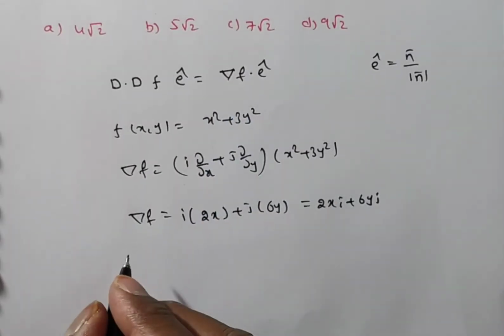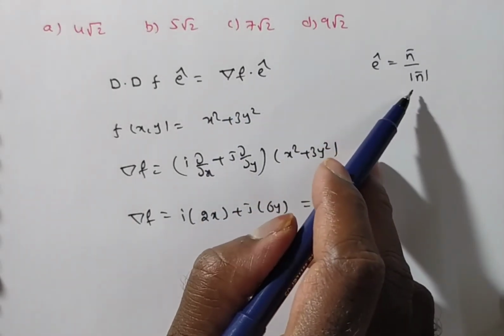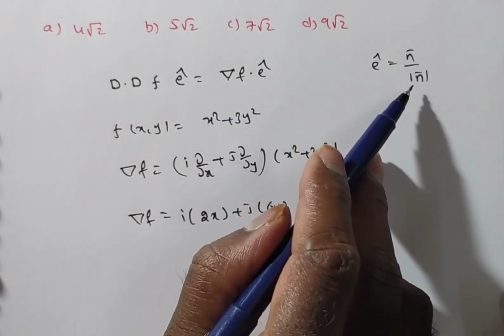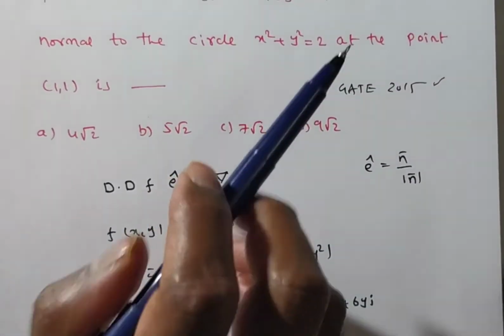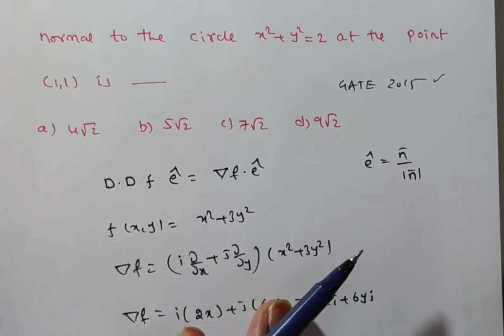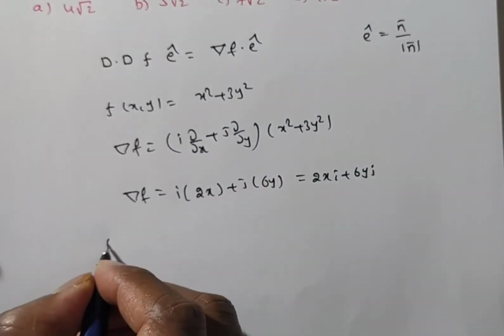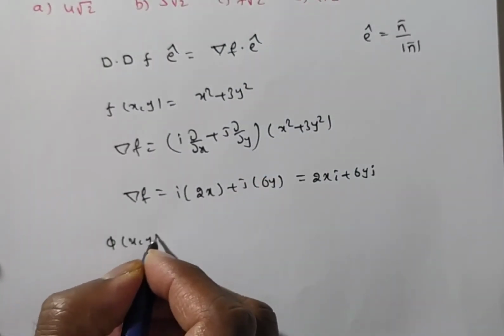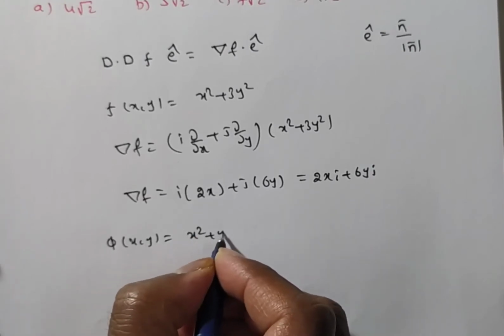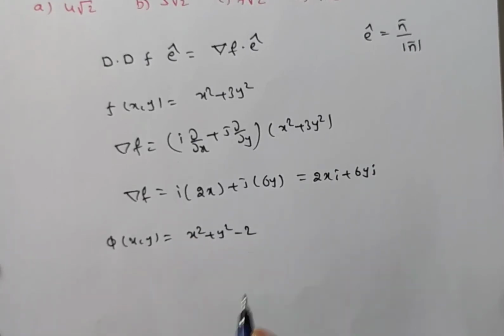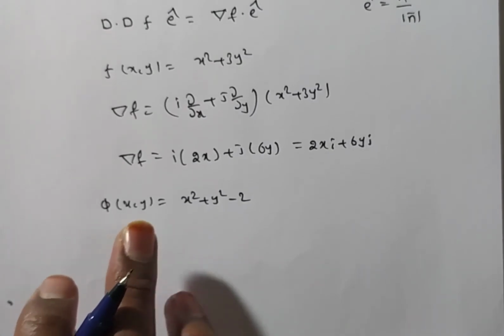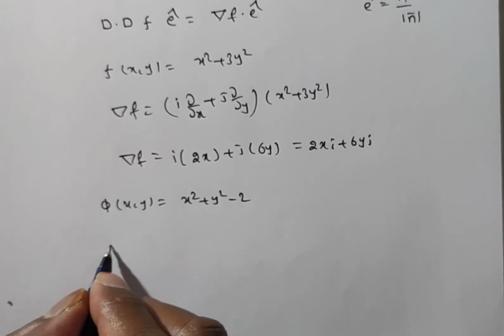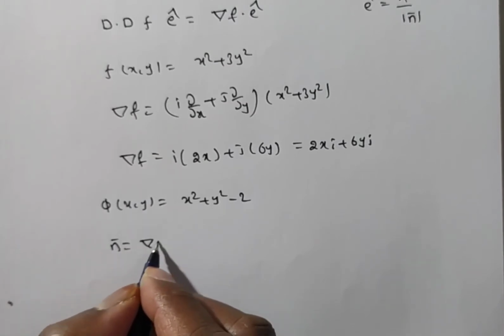Next, what do you need to find out? E cap. E cap is nothing but n bar by mod n bar, the normal vector by the modulus of the normal vector. What is the normal vector? In the direction of normal to the circle. Let us consider the circle phi of x comma y is equal to x square plus y square minus 2. Now the normal to the surface we denote with n bar. N bar is equal to del phi.